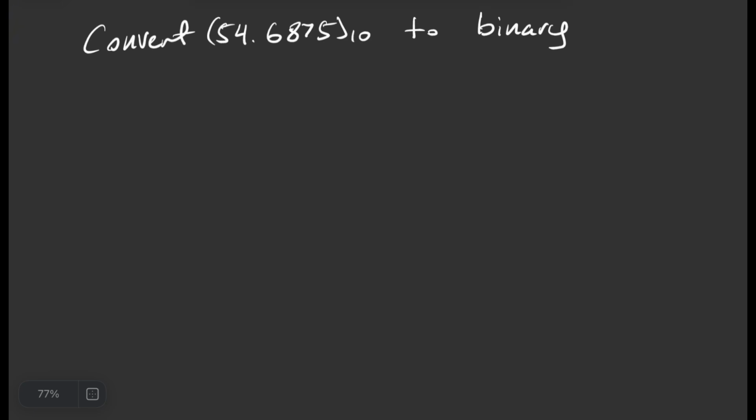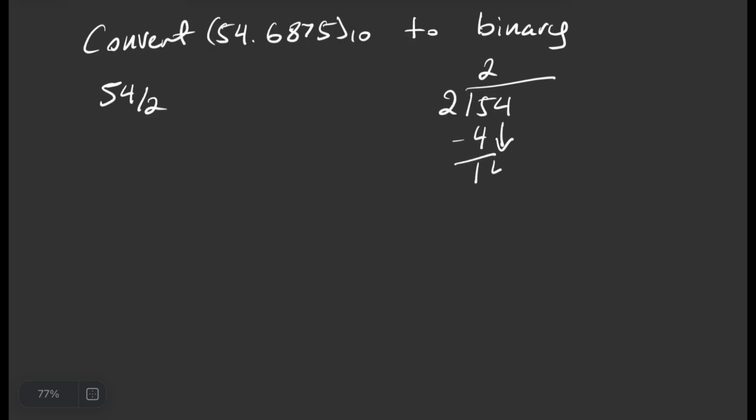For the whole number portion, I am going to do the division by hand because I wanted to show you guys a more methodical, mind-numbing way that you can solve this question without really having to think about it. So to begin, we're going to do 54 divided by 2, and we're going to do some long division. 2 goes into 5 twice, 2 times 2 is 4. Minus 4 is 1.